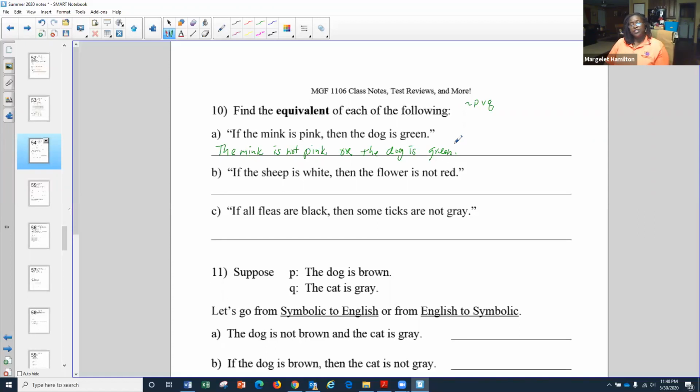So we negated the first statement, changed the if then to or, and then left that Q alone. All right, pause the tape right here. Take care of B and C, and we'll come back and check it.